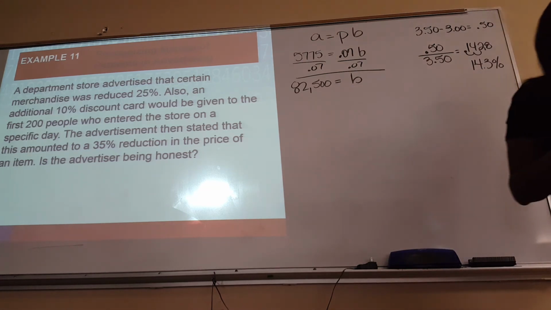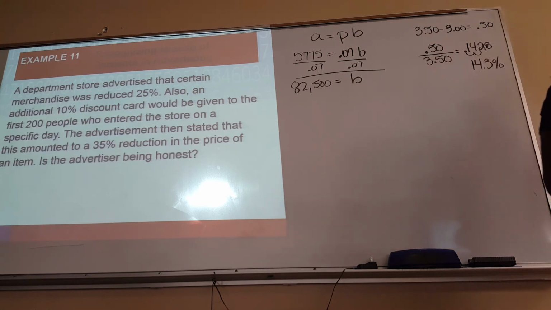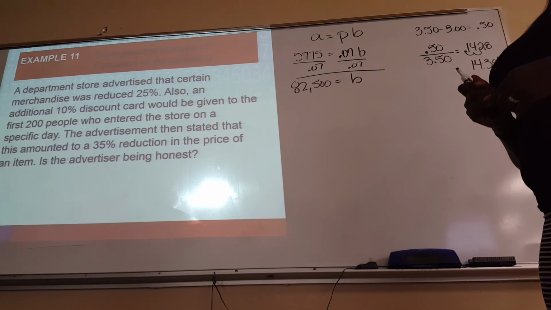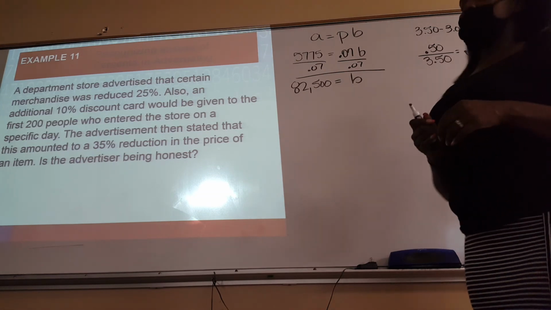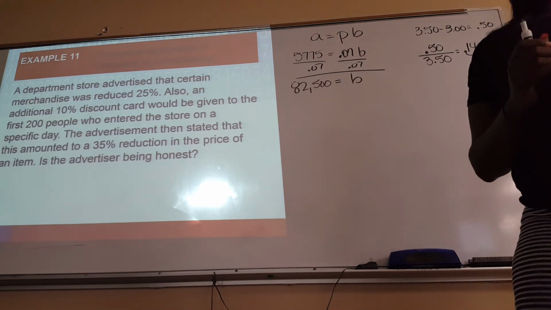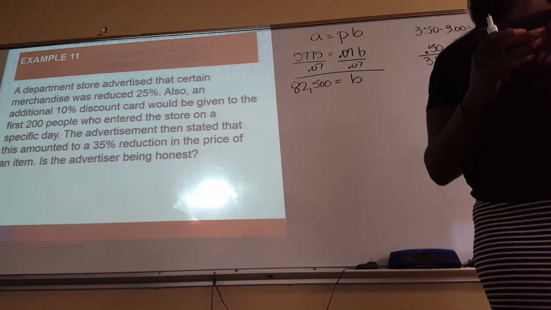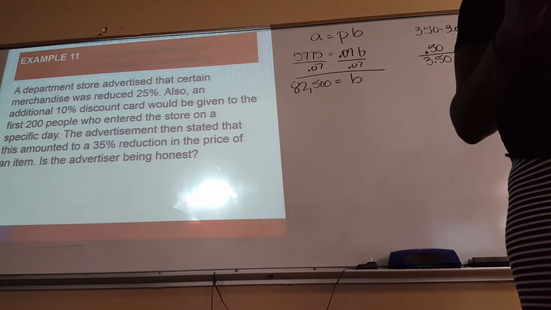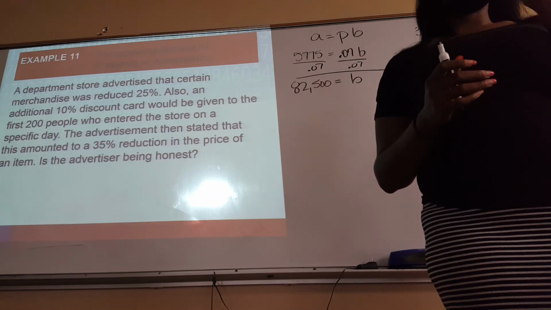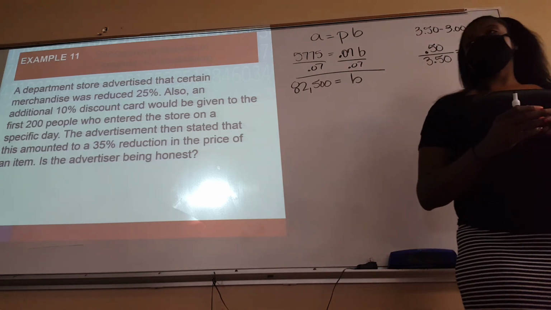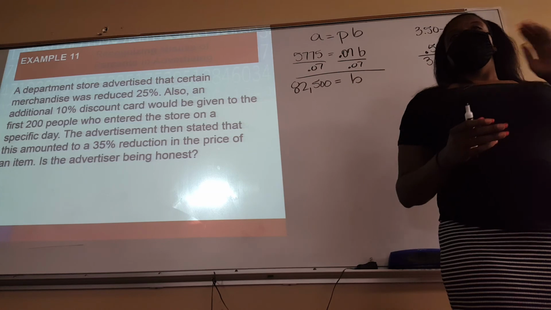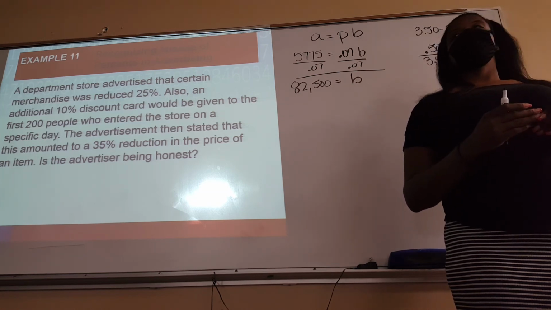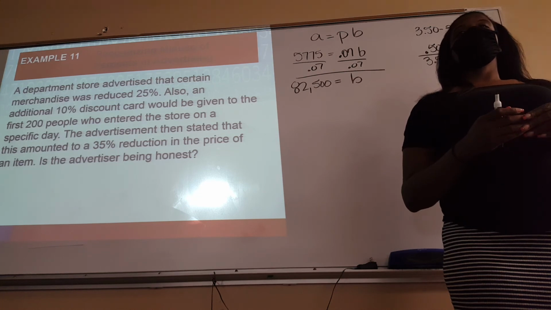The advertisement then stated that it amounted to a 35% reduction in the price of an item. Is the advertiser being honest? What do you think? They give you 25%, then an additional 10%. Does that calculate to 35%? Who says yes? Who says no? Who said they don't know?